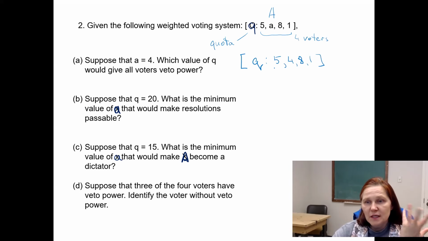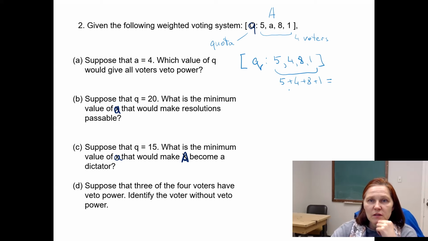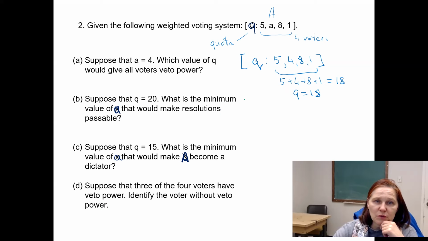So everybody has veto power only if all their votes together are needed to pass a resolution. So the sum 5 plus 4 plus 8 plus 1 must be equal to the quota, so the quota must be 18. Then every voter has veto power. Suppose that the quota is 20.